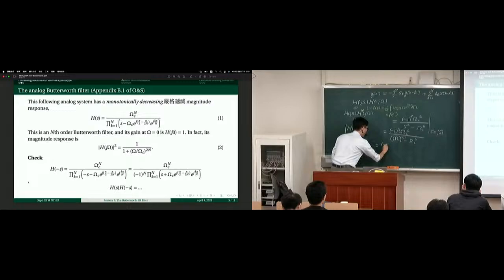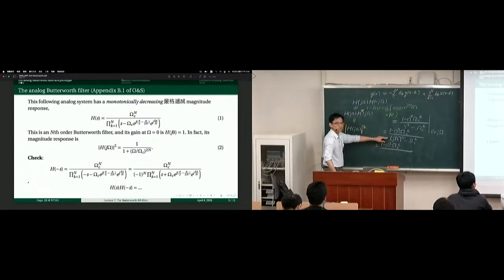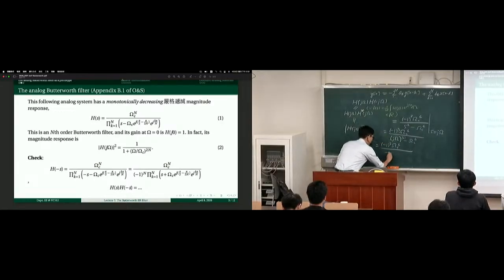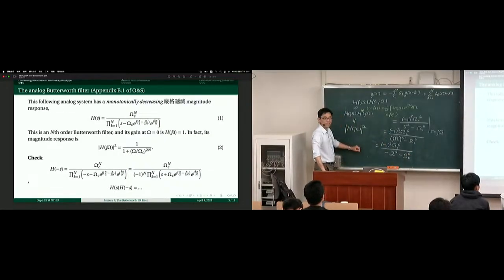So we have minus 1 to the third power, omega cutoff to the sixth power, divided by j to the sixth. What's j to the sixth power? Minus 1, right? So we have minus omega to the sixth power minus omega c to the sixth power. Now we are getting the correct answer.